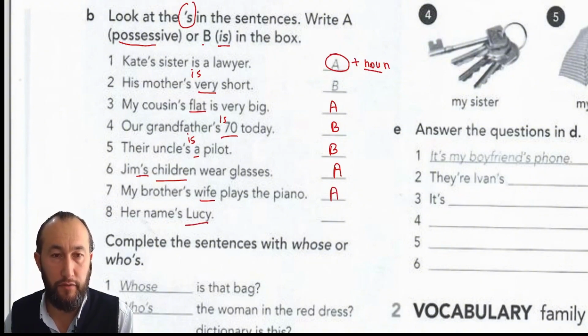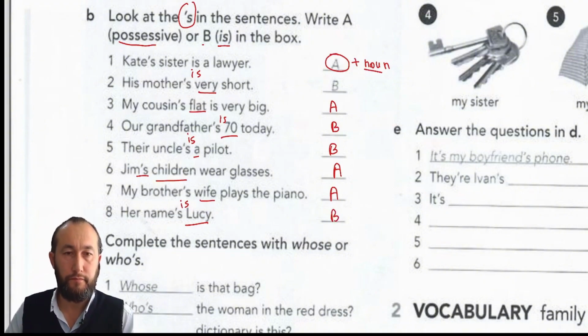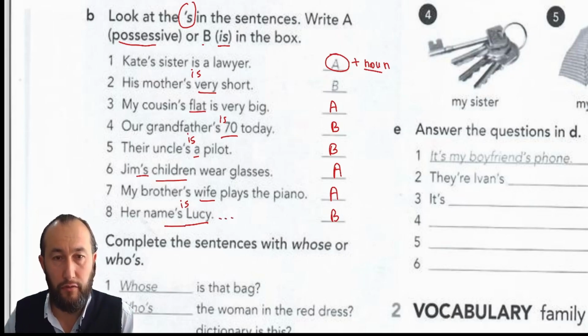Lucy is a noun here, but logically, when you try to get the meaning, we should have a verb in the sentence. If we consider this as possessive, then I have to continue, but we're not continuing it, so this apostrophe s must be 'is'.